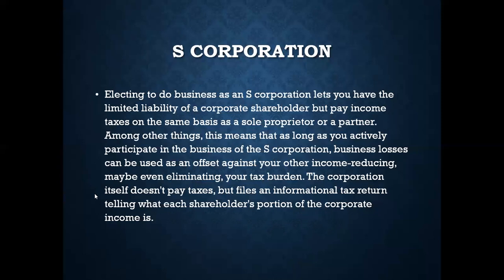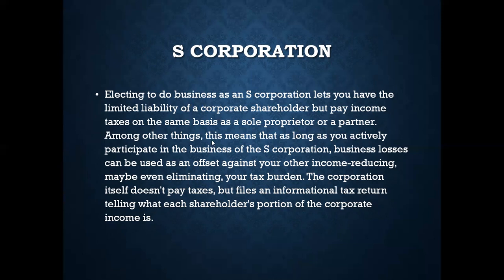An S corporation. Well, an S corporation, if you decide to do this, is a business like a C corporation. It lets you have the limited liability of corporate shareholders, but pay income taxes on the same basis as the sole proprietor or the partner.